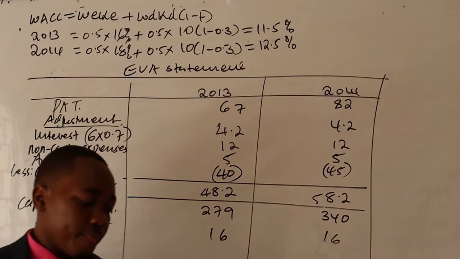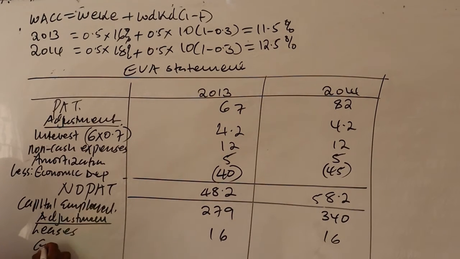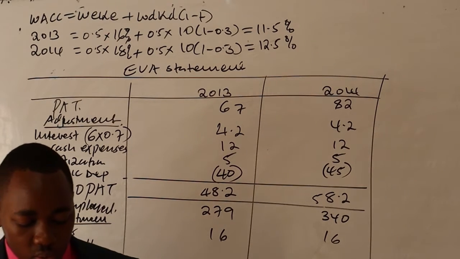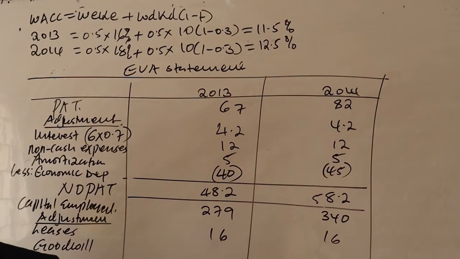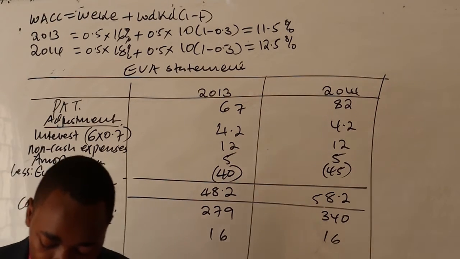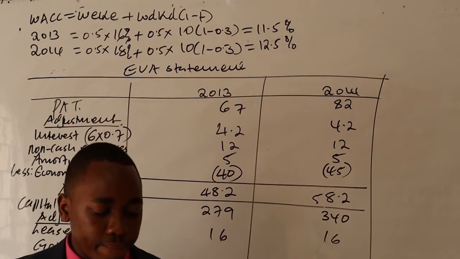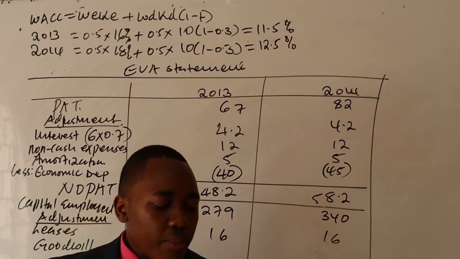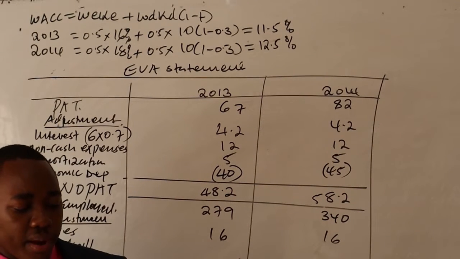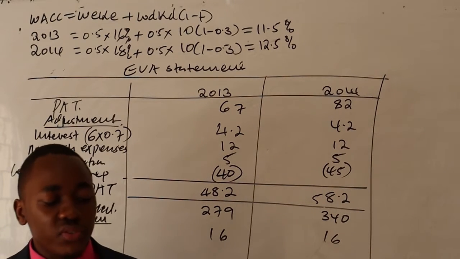Good. Then we also add back goodwill. Remember we said that goodwill is the shareholders' wealth. Let's go to note number 3. We are told that amortization of goodwill amounted to 5 million per year for both the year 2013 and 2014.